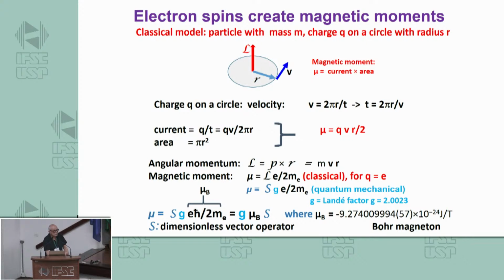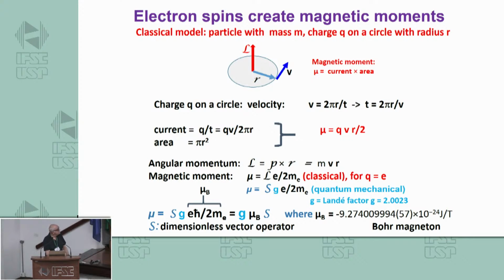So angular momentum L is mvr. So then the magnetic moment, if we substitute vr by L over m, we find here the relationship between the angular momentum associated with this motion and the magnetic moment. So mu equals L e over 2m_e. This is the classical prediction if e is the electronic charge.